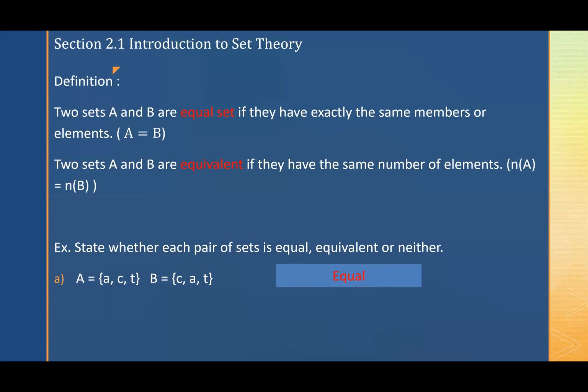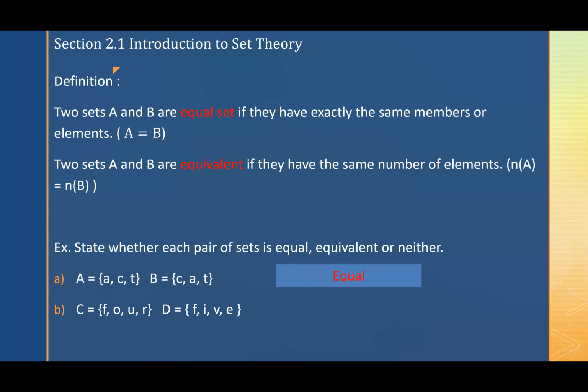Why? Because in order to be equal, they have to have exactly the same elements. And if they have exactly the same elements, they have to be the same number, right? So if they are equal, that implies equivalent, meaning they are both. But if they are equivalent, they might not be equal, right?